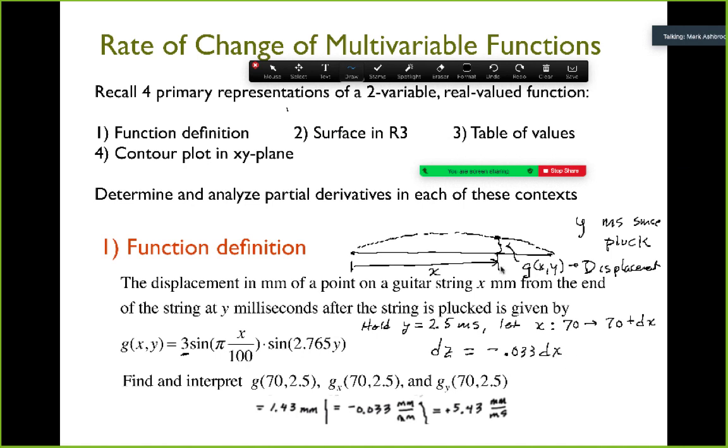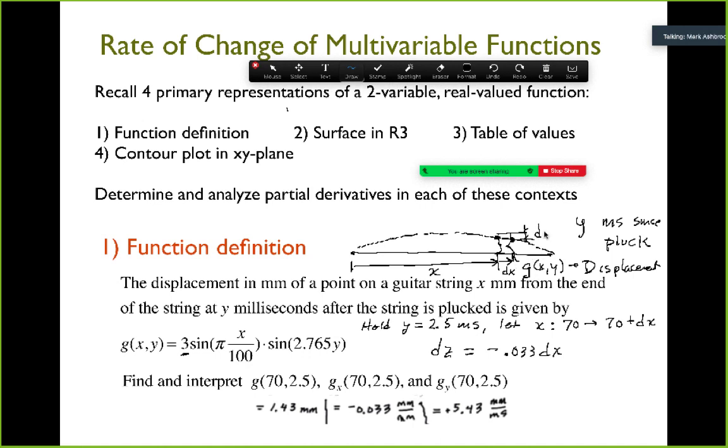So yeah, what are we saying? We're saying go down the string a little bit further. I'm going to exaggerate for room's sake. I'm going to go down the string a little bit further, and what do we see? How much closer does the string get to its at-rest position?